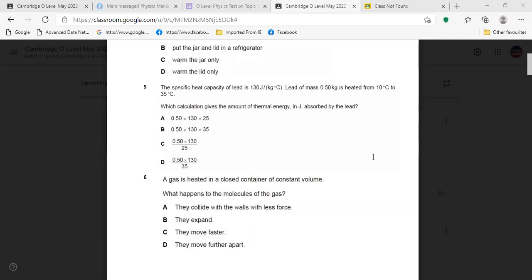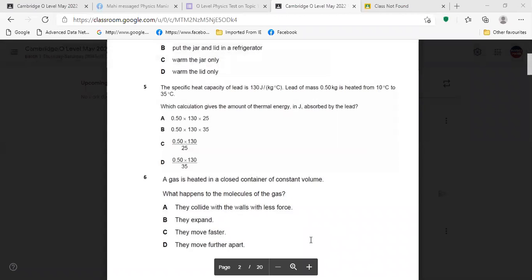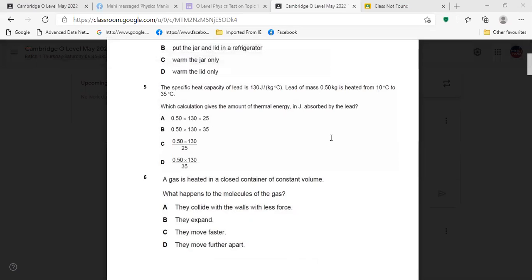A, sir. Why A? Because del theta is here 25, right? Sir, how is it 25? Because they say lead of mass 0.50 kg is heated from 10 degrees Celsius to 35 degrees Celsius.